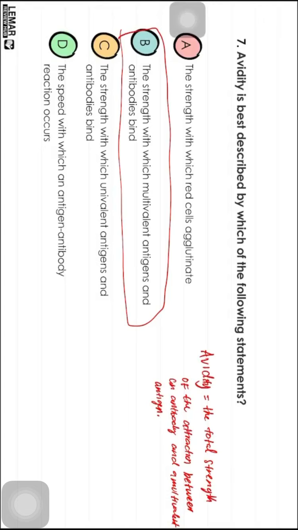The term avidity refers to the total strength of the attraction between the antibody and a multivalent antigen. So the reaction between an IgM molecule, a pentamer containing 10 antigen binding sites, and a multivalent antigen is therefore considered a stronger antibody molecule compared to the IgG antibody.